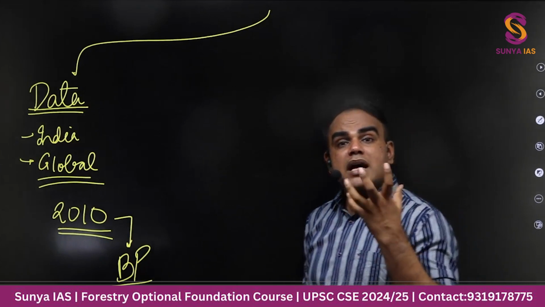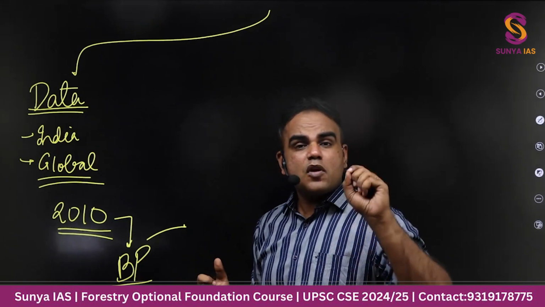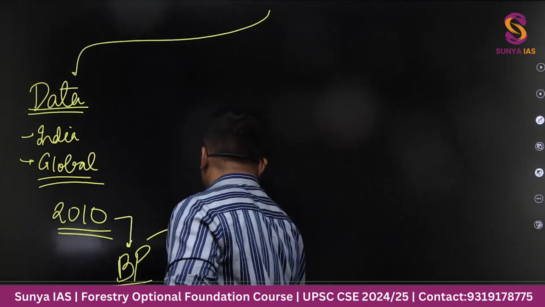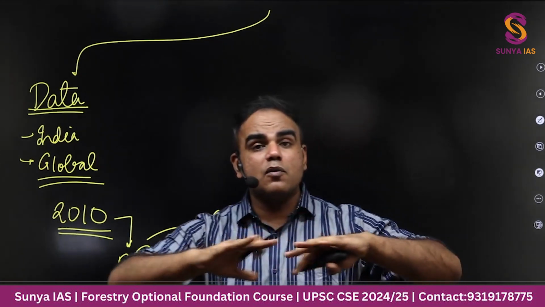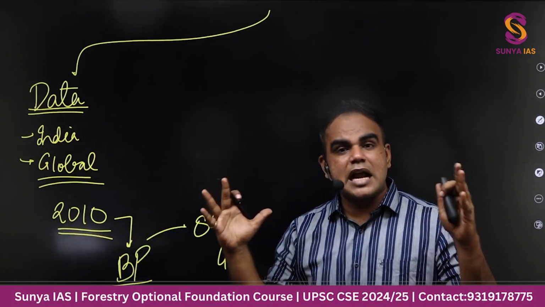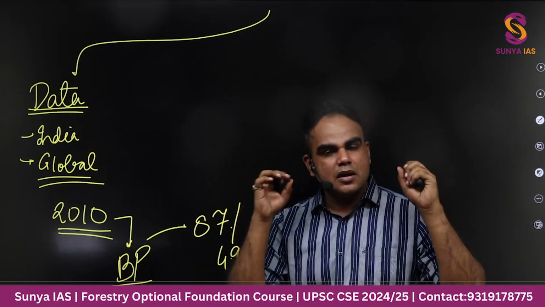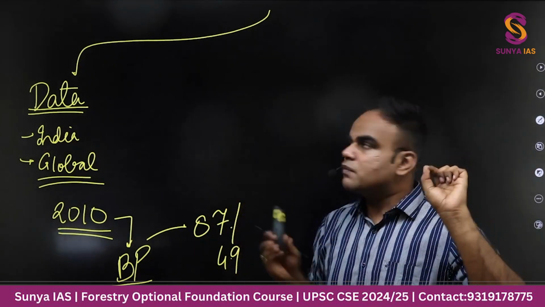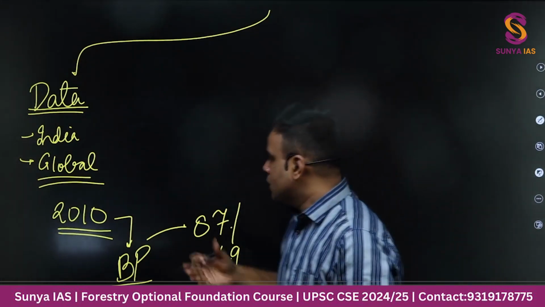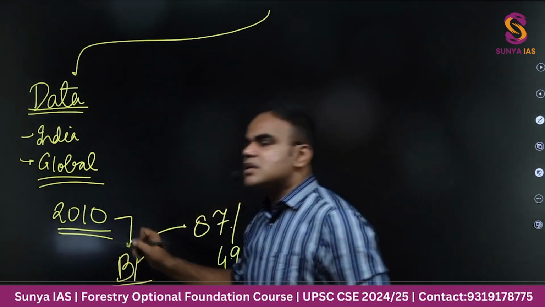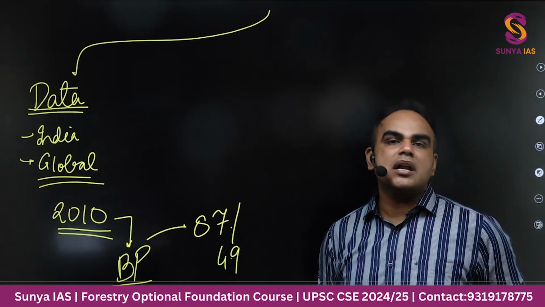So what happened in this case, there was a fire which broke out, and for 87 days almost 4.9 million barrels of oil was released in the ecosystem. Can you imagine the kind of impact? If such a huge quantity of oil is released, of course, it will have environmental impact, which we will discuss. It also had a legal impact, because the company doing this project had to face both legal as well as regulatory challenges.